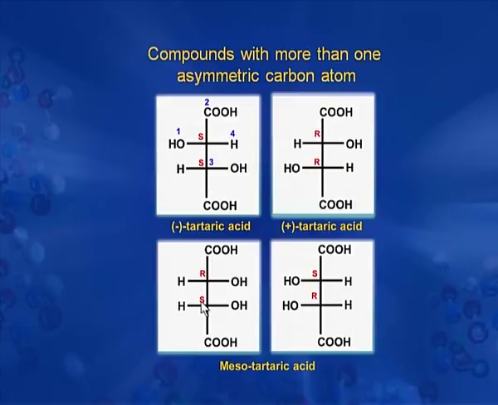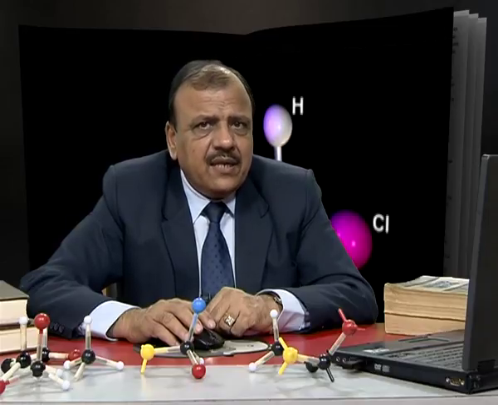In meso, one carbon is R and the other carbon, as we have discussed earlier, is the mirror image of it. So, obviously we are getting S configuration for this. We get the mirror image of the whole molecule, this becomes S, this is R. This actually represents the same molecule and it is optically inactive. This is what we have already discussed. So, this is about the nomenclature for configurations.